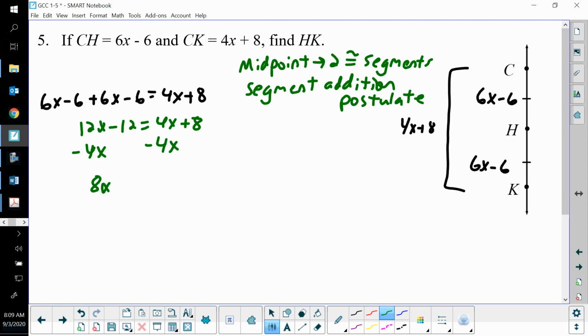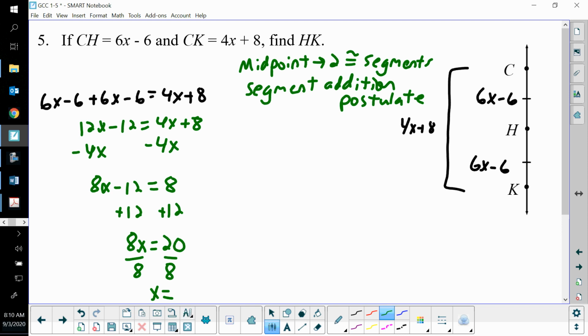That'll give us 8x minus 12 equals 8. We can add the 12 over. We get 8x equals 20. And then divide by 8. And notice 8 doesn't go in evenly.